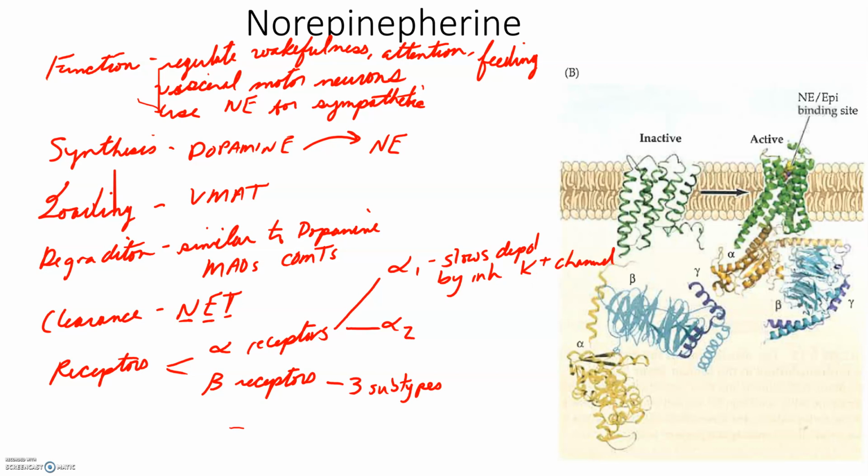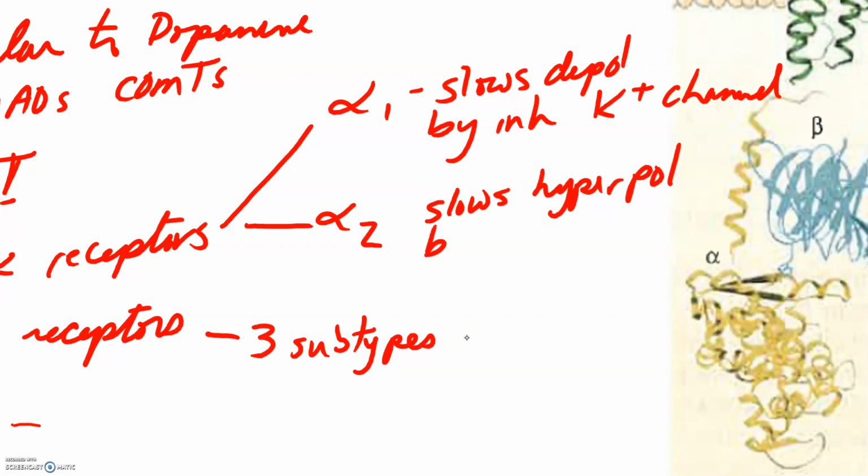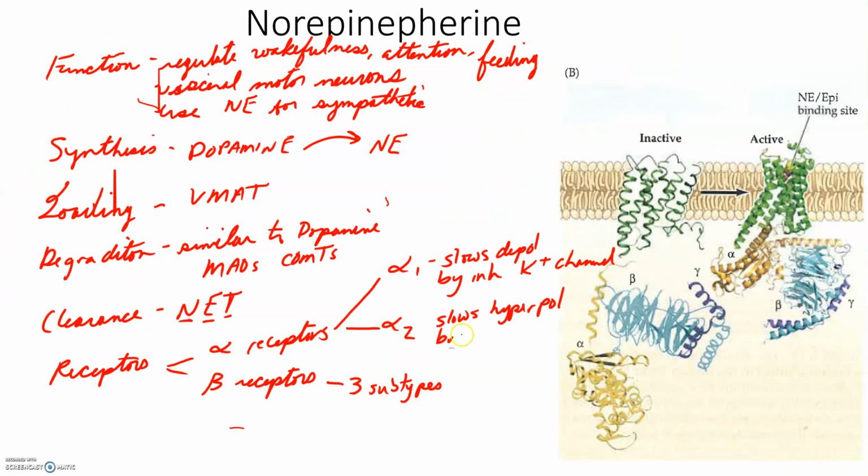When alpha 2 receptors are activated, it slows down the hyperpolarization by inhibiting a different type of K channel.